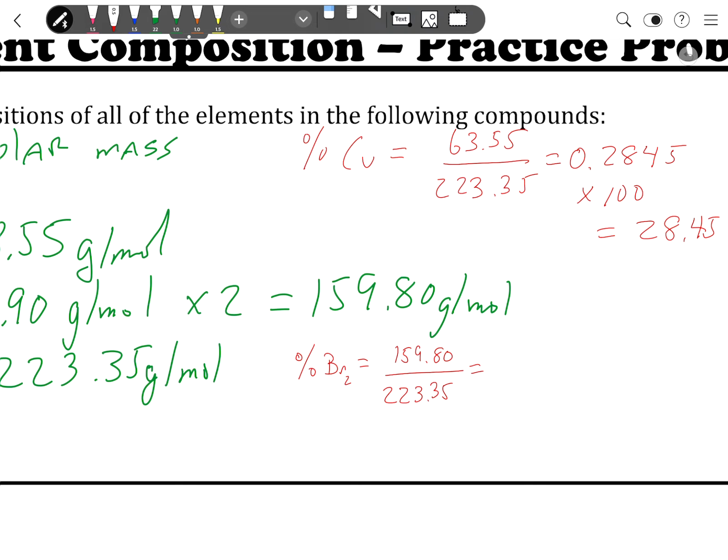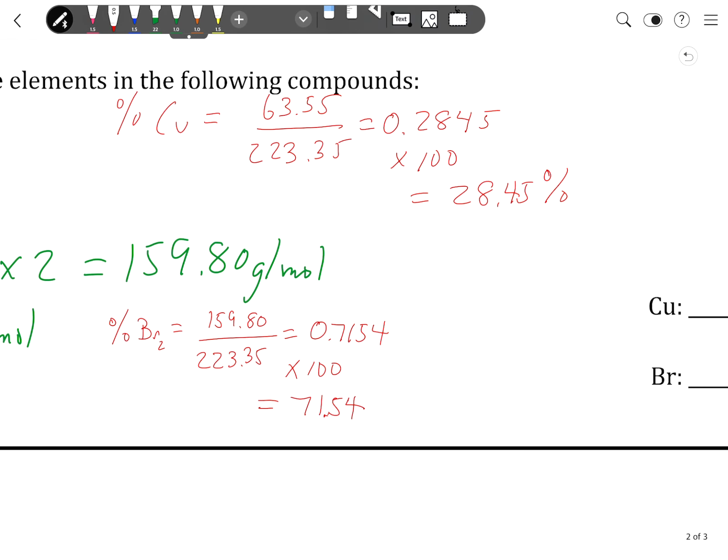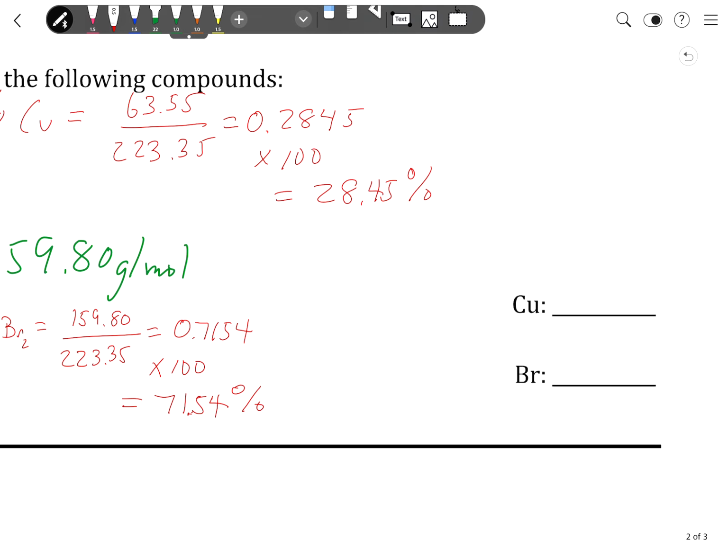And 159.80 divided by 223.35, we're going to get something that looks like this, 0.7154. We're going to multiply that by 100 and make it a percent, and that'll be 71.54, and so that would be my percentage of bromine in that compound.